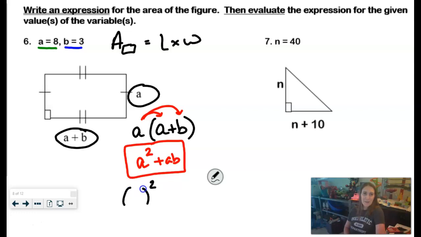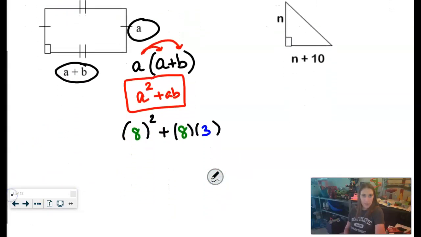So instead of a squared, that would be, where's a again? 8 squared. Plus a times b. So 8 times 3. Sometimes you have to approach algebra like, what if I was a robot? What would a robot want to do? Robots don't take shortcuts. They're programmed to do certain things at certain times, right?